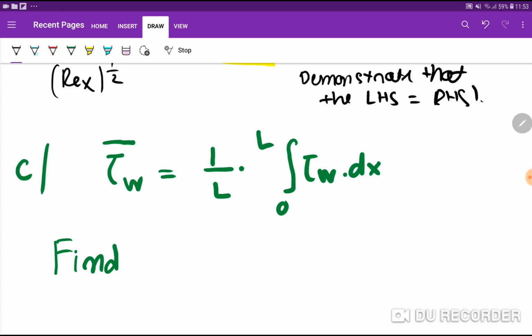That's not what the problem asks us. Let me organize this a little bit. So this is what they give us.